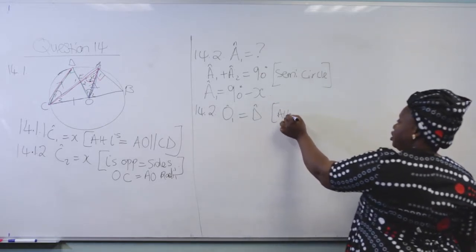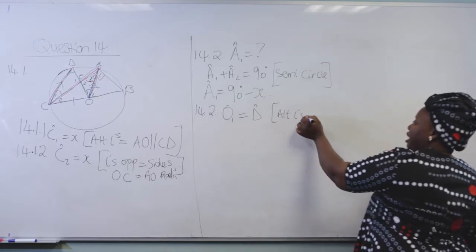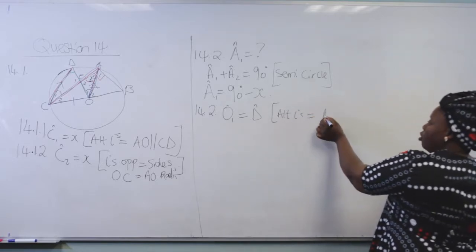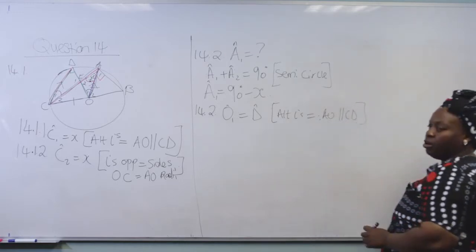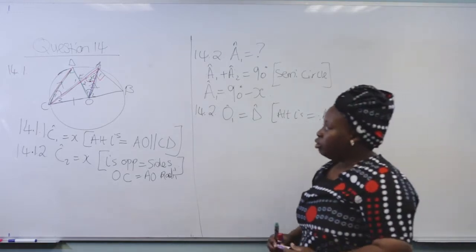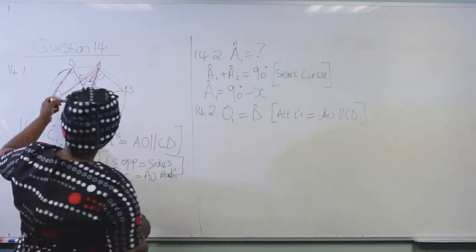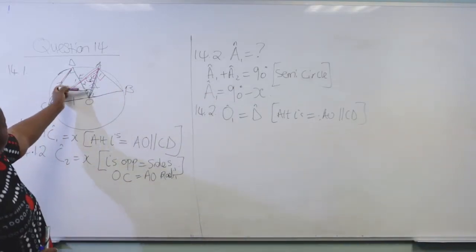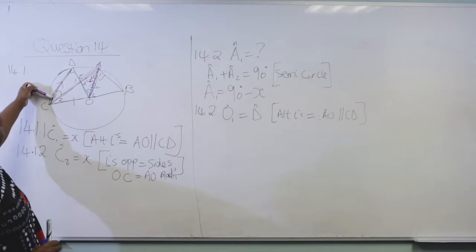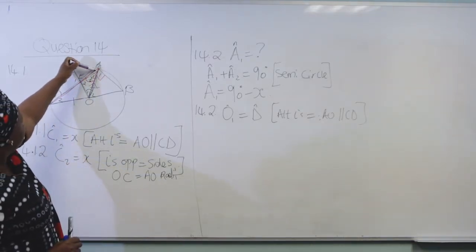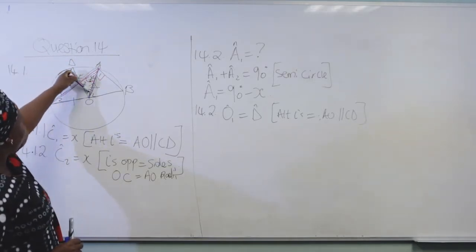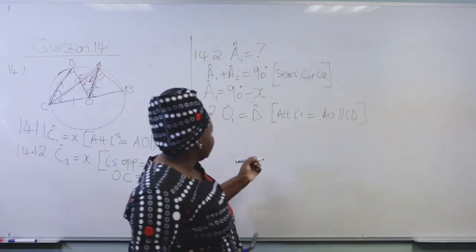Let's write the information down. Alternating angles are equal because AO is parallel to CD. That is our first information. Let's look again at the other one. Yes, angle O1 and angle C1, they are the same as well.